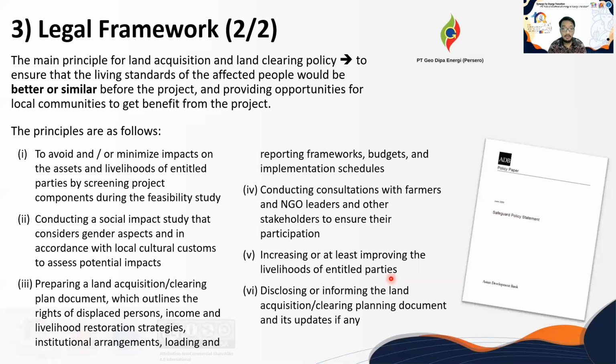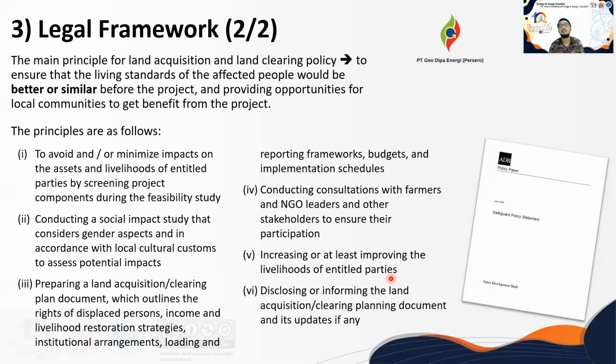Third is to prepare a land acquisition or land clearing plan document which outlines the rights of displaced persons and how, in this case, Geodipa will apply its livelihood restoration strategies, the institutional arrangement, and even the budgets and implementation schedule.